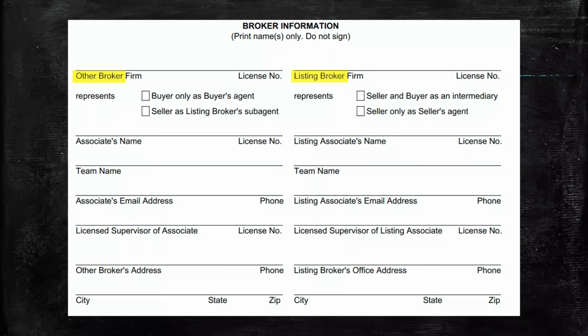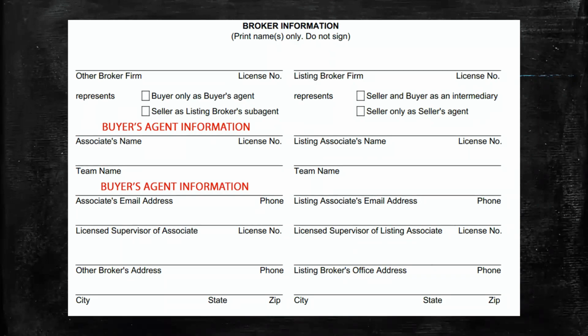So we would be on the left-hand side of the page. We would check the box that says buyer only as buyer's agent, and then we would write in the buyer's agent information on these lines. We would write in the associate's name and their license number, the associate's email address, and their phone number.